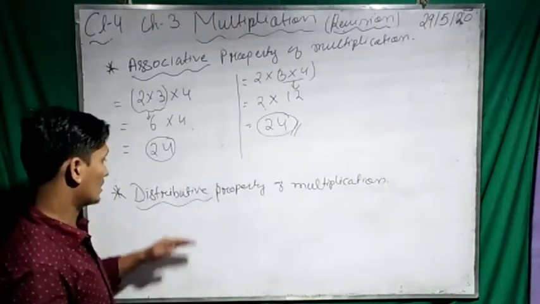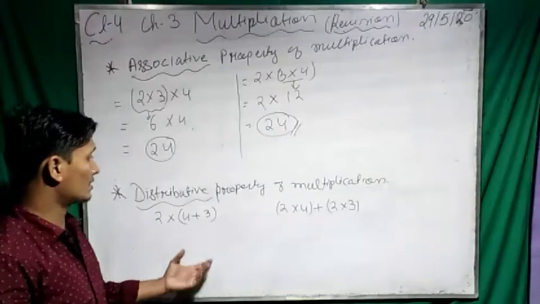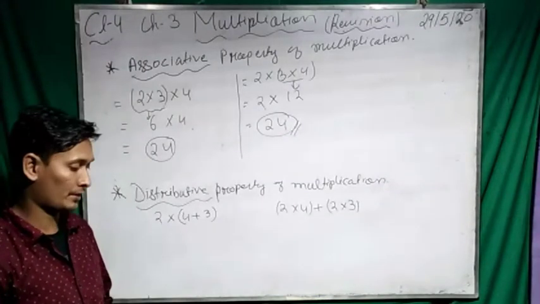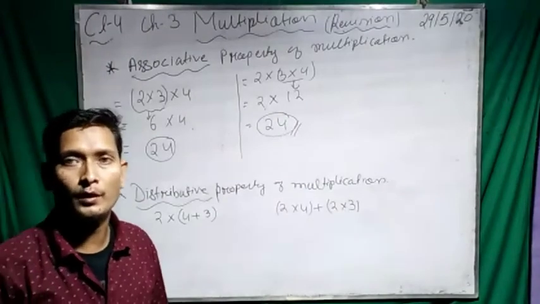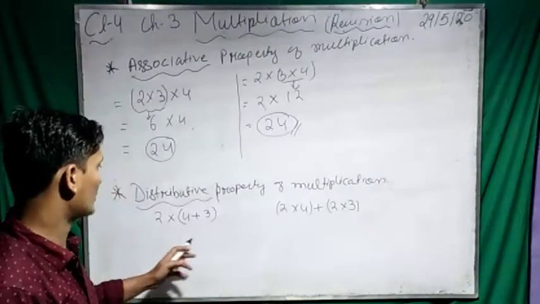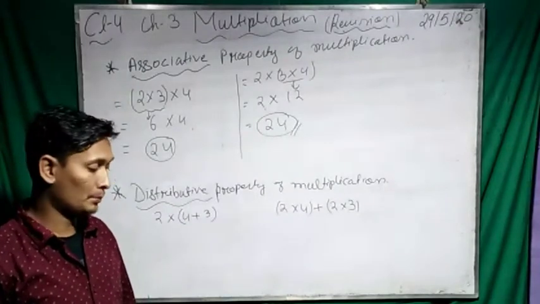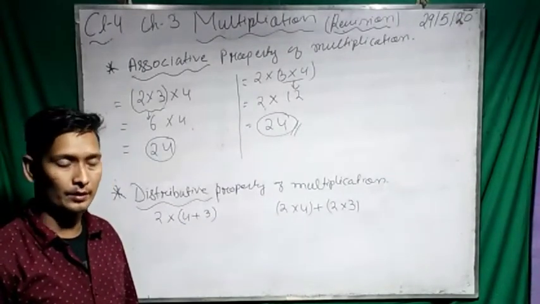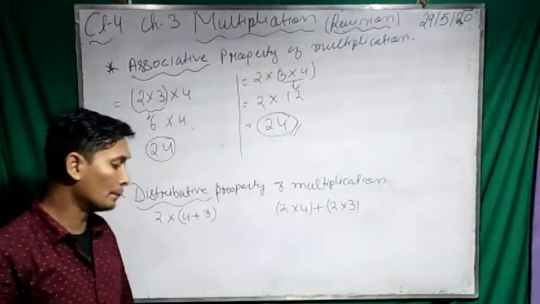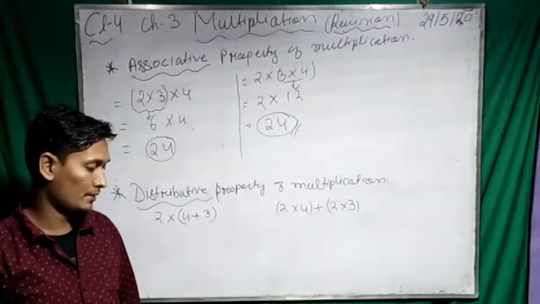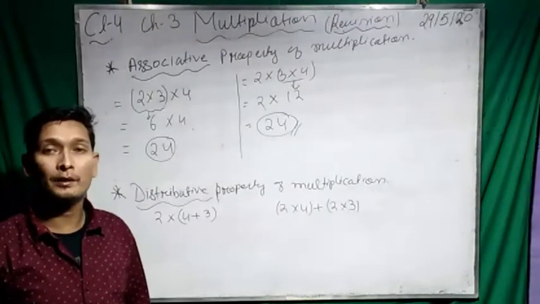Next, the distributive property. Distributive means if you multiply a number with the sum of 2 numbers, the product will be the same as that number being multiplied with each of the other numbers, and then the products being added.